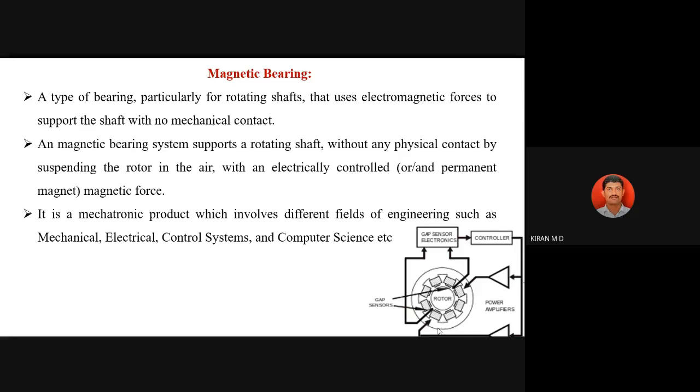It will create more electromagnetic force to push back the rotor to avoid contact of the surfaces. That is why we use the gap sensors, controllers, and power amplifiers, which include mechanical components, electrical components, control systems, and computer science engineering. That is why magnetic bearings are also called a mechatronic product.